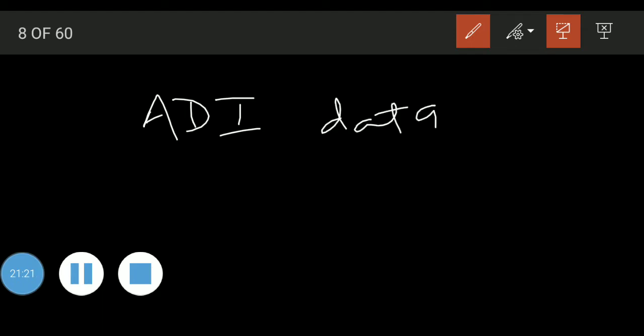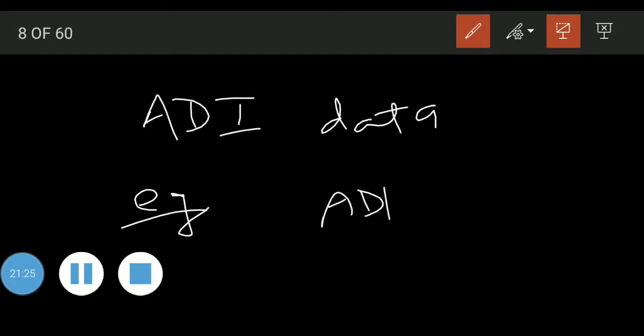ADI data. Add the 8-bit data with the content of the accumulator. Whatever follows ADI, in place of data, your data is there. If I write an example, it becomes ADI 01H. Data can be anything.